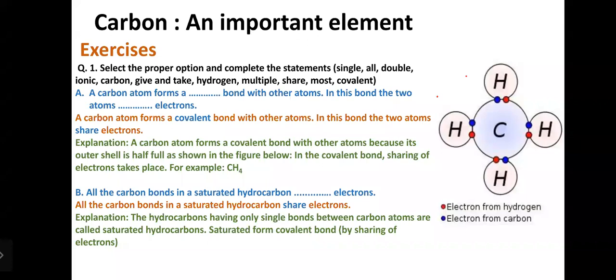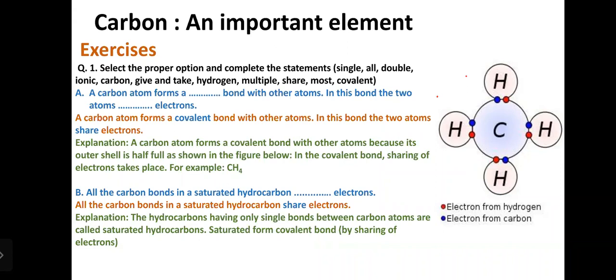Second, B: all the carbon bonds in a saturated hydrocarbon blank electrons. How many electrons do the carbon bonds in a saturated hydrocarbon have? So the answer is: all the carbon bonds in a saturated hydrocarbon share electrons. Now the explanation: hydrocarbons having only single bonds between carbon atoms are called saturated hydrocarbons.